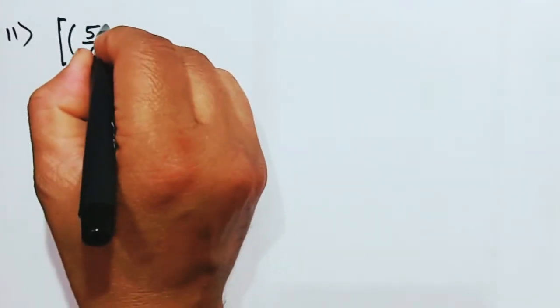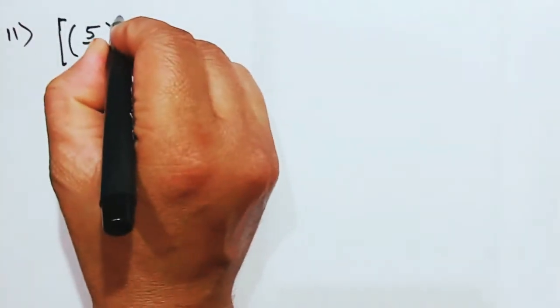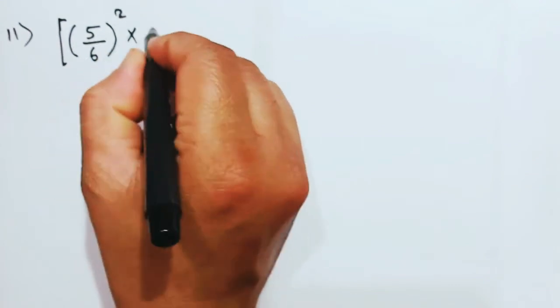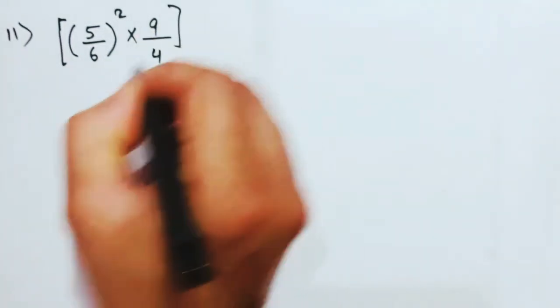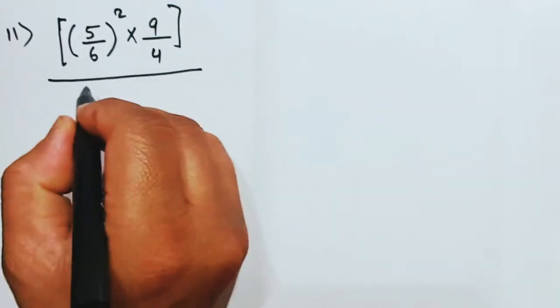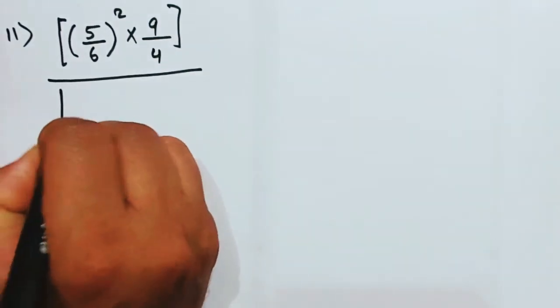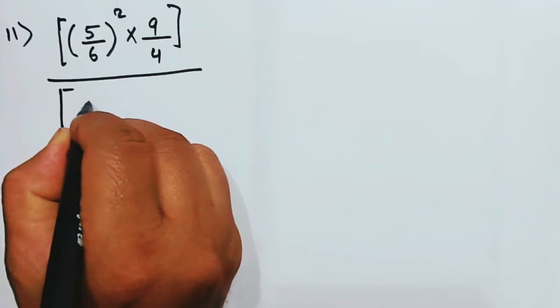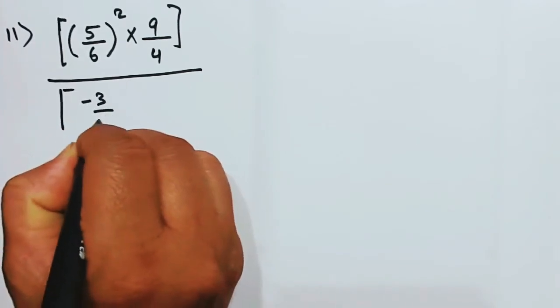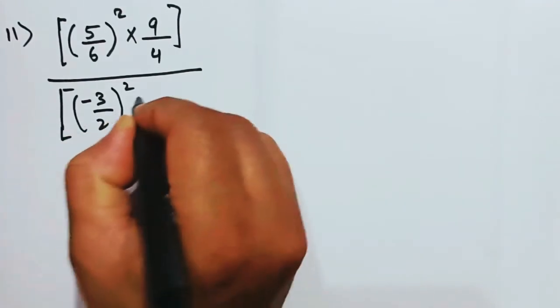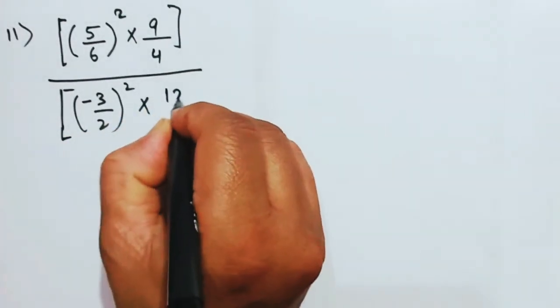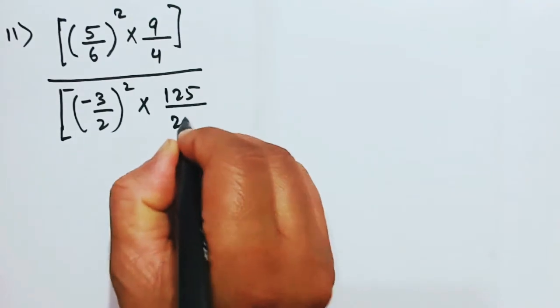They will give you such a question which can be easily solved. 5 by 6 to the power 2 multiplied by 9 by 4, whole divided by, similarly we have minus 3 by 2 whole square multiplied by 125 by 216.